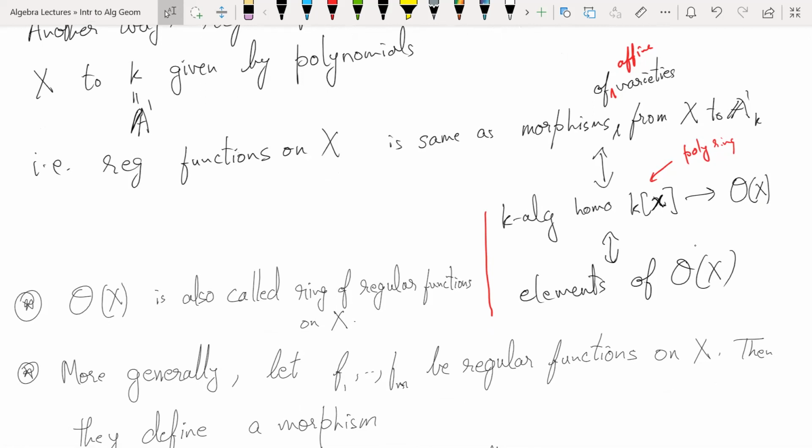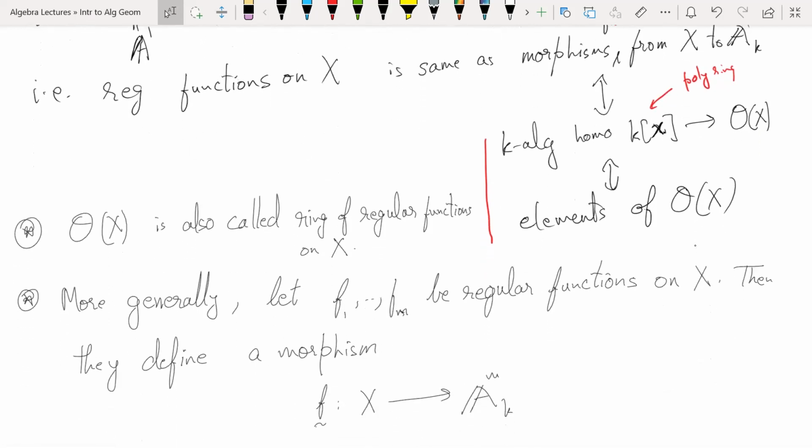Instead of one regular function, you get a map from X to A^m. A^m_k is nothing but k^m. So you get p going to (f_1(p), ..., f_m(p)), where p is some point in X.